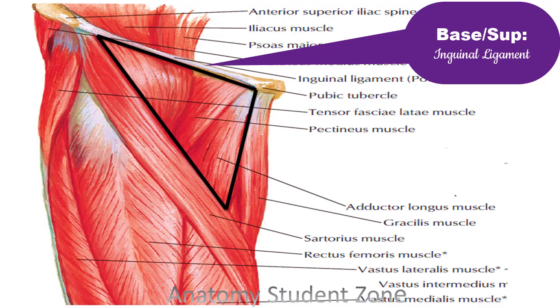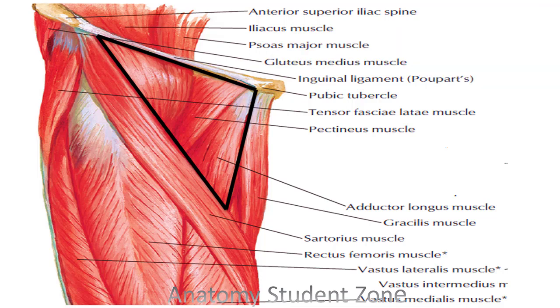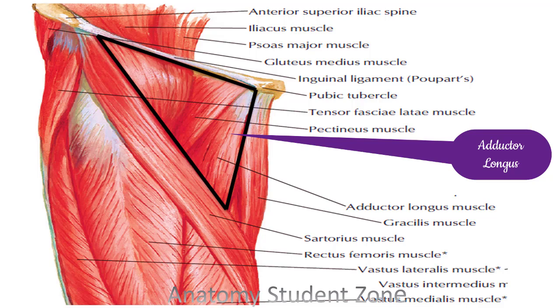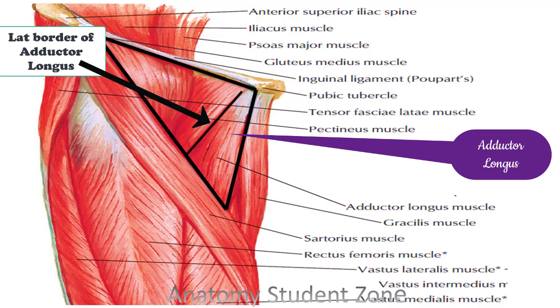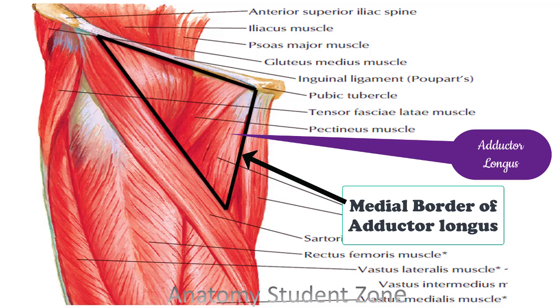And we know the inguinal ligament is the thickened inferior margin of the external oblique aponeurosis, and external oblique is a muscle of your abdomen. This is the adductor longus muscle, and this is its lateral border. This one is its medial border. This medial border of adductor longus muscle forms the medial border of the femoral triangle.